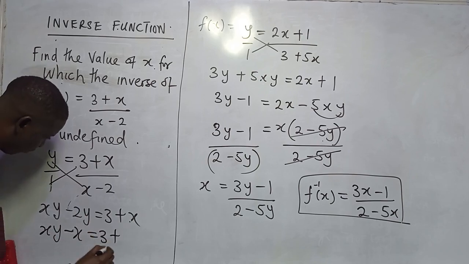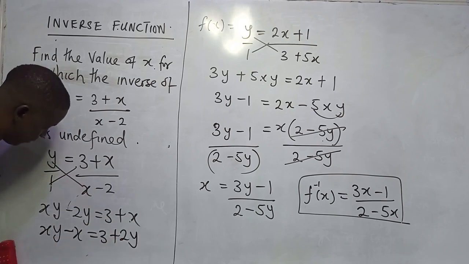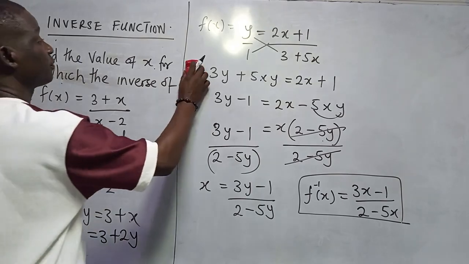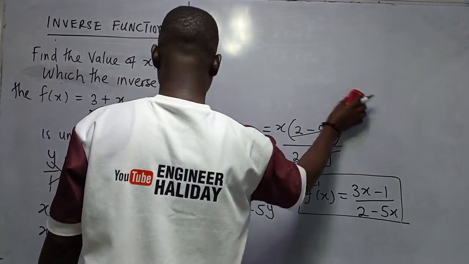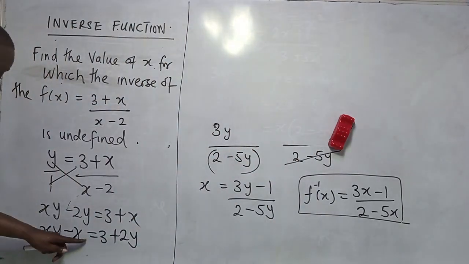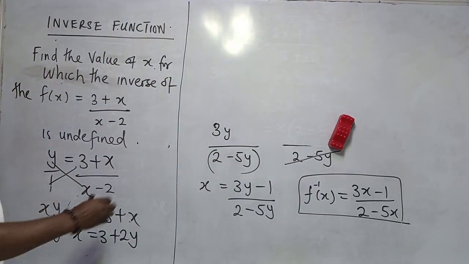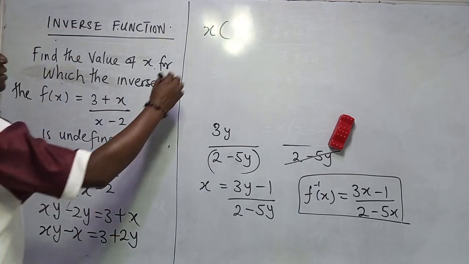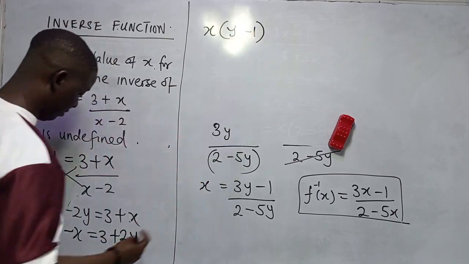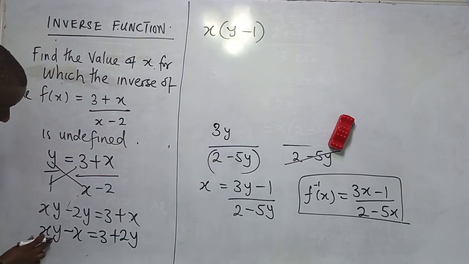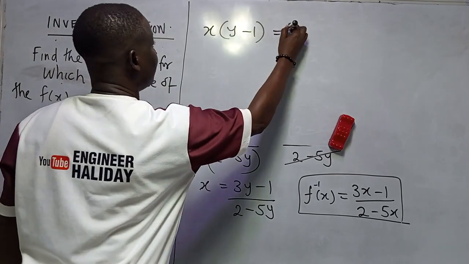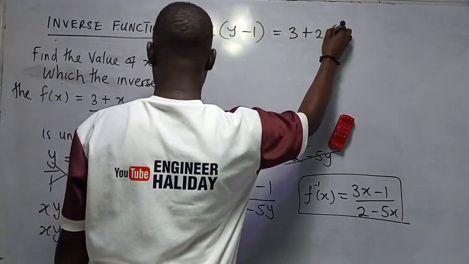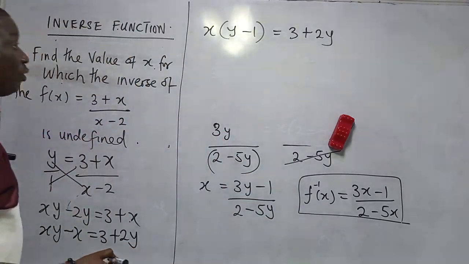So 3 plus, this one goes there, we have 2y. We now factorize x out from here. x is common on both sides. What will remain here if we remove x? y minus 1. If we remove x here, y minus 1 equals 3 plus 2y.